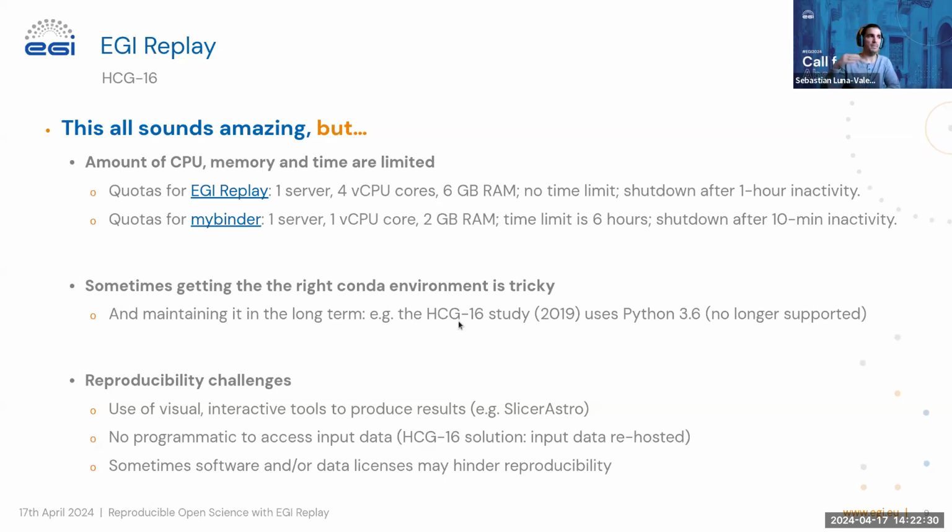Back in 2019, the main Python version was 3.6, but that's now out of date. With every new release of EGI Binder, the default environment comes with a supported version of Python. So in the meantime, we had to update the Conda environment to make it still work with this old Python 3 requirement that we have in the environment file. So that's a bit tricky, and it may be a little bit time consuming for you to maintain this reproducibility.